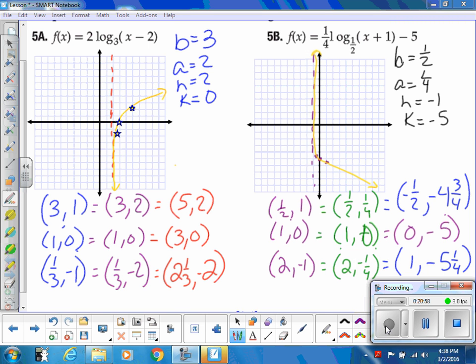So I get 1/2, 1/4, 1, 0, 2, -1/4. And then I have to subtract 1 from my x and subtract 5 from my y. So I get -1/2, -4 3/4, 0, -5, and 1, -5 and 1/4. So we notice these are clustered in here really close, and then I graph my log.